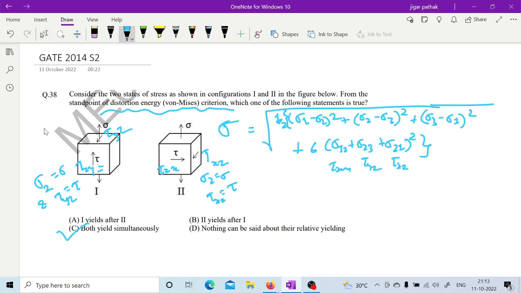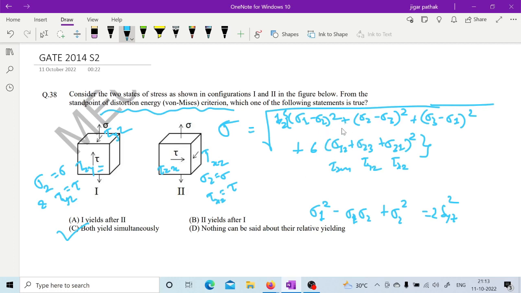For that we have seen that sigma 1 square minus sigma 1 sigma 2 plus sigma 2 square is equal to Syt square, right? We have not considered those shear stresses. If we consider all that, then this will be the equation for von Mises.